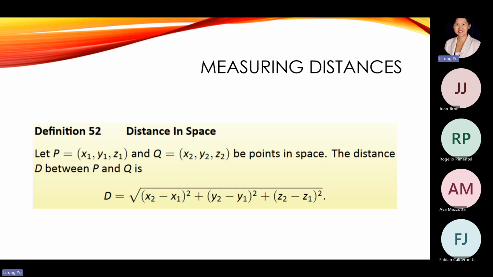But for three-dimensional distance, we have 3 coordinates x, y, z. With two different points, you have x, y, z for the first point and x, y, z for the second point. The calculation subtracts their x values, y values, and z values, finds the summation of the squares of the deviations, and takes the square root of the summation.